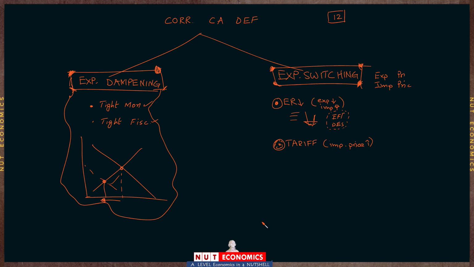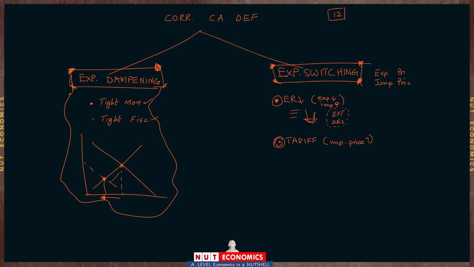Now to do that comparison, just remember this: expenditure dampening slows down your domestic economy.